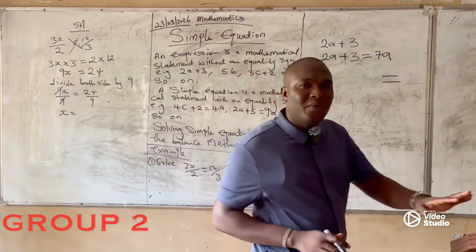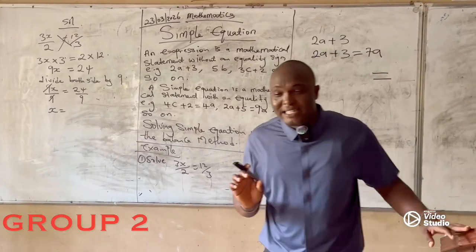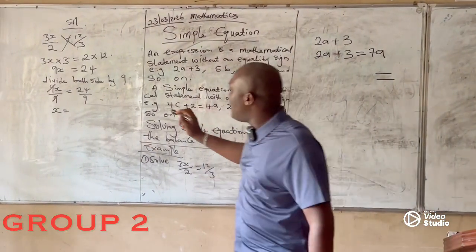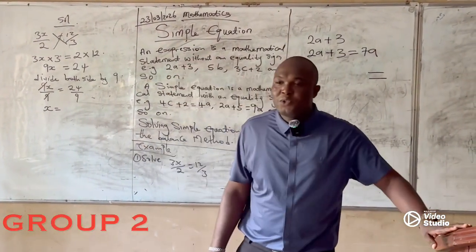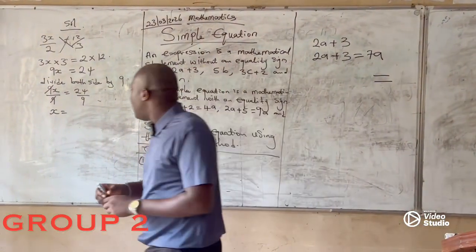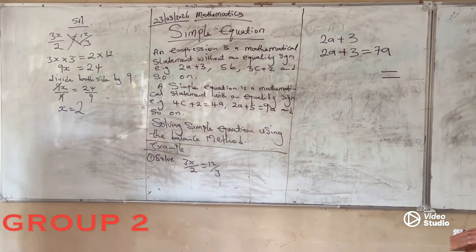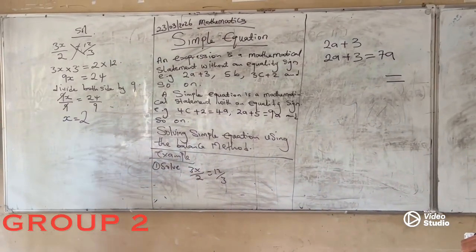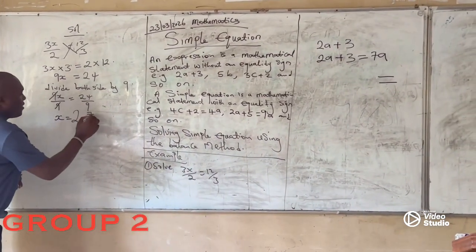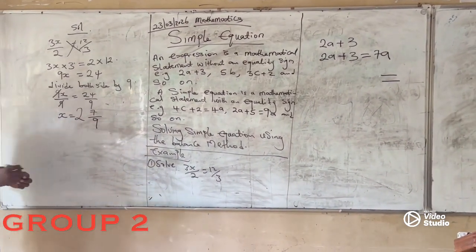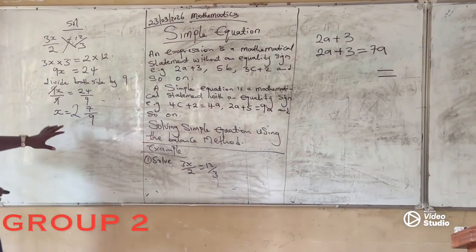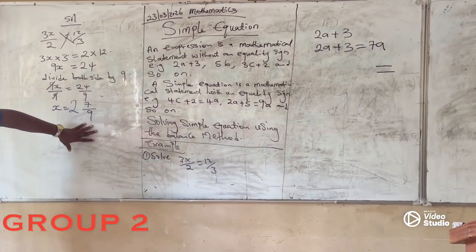Can it go? No. There will be a remainder, isn't it? So how many times can 9 go into 24? 2 times. That's correct. So how many will be remaining? 7. That's intelligent. Over 9. Can anybody tell us how come we got this as our answer?